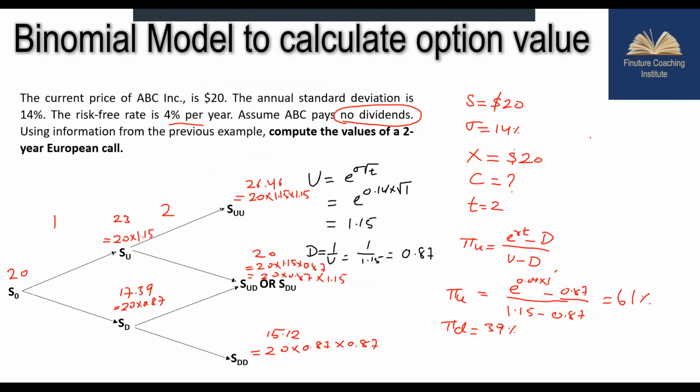So I'll summarize whatever we have calculated so far. Your U was 1.15, which we calculated over here. Your D was 0.87. These are the factors by which your stock price will move, and the probabilities of reaching these values.